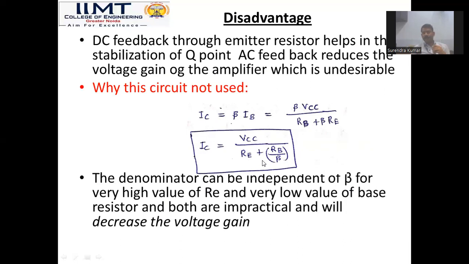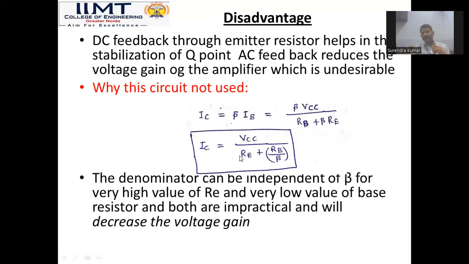We want this denominator independent of beta. So the value of RE and the value of RB matter. RB should be very low, and the value of RE should be very high. So the denominator can be independent of beta for a very high value of RE and a very low value of base resistor, and both are impractical and going to increase the voltage.